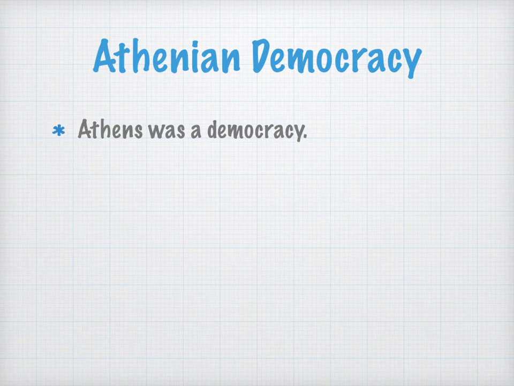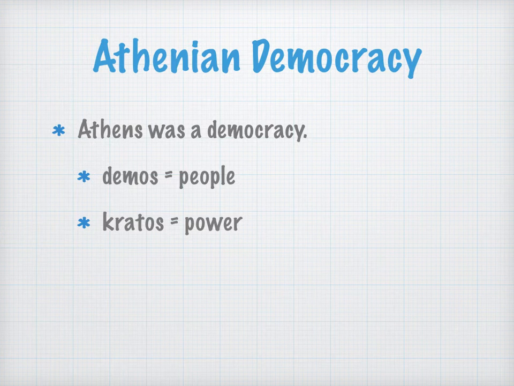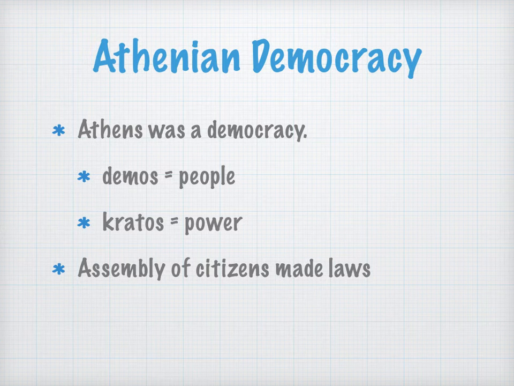Athens instead was a democracy, so it was quite different. Democracy comes from the words for people and power, because it's really the people who have the power, funnily enough. Any male citizen could be part of the assembly, and the assembly was the group that made the laws. And the Athenians really prided themselves on their democratic government.